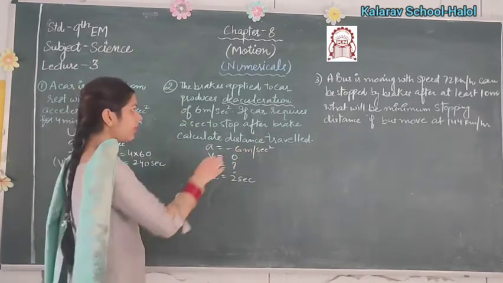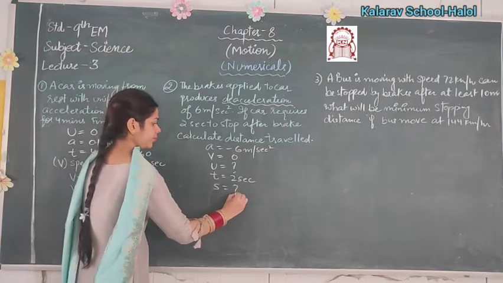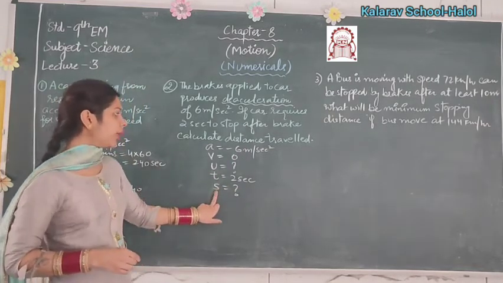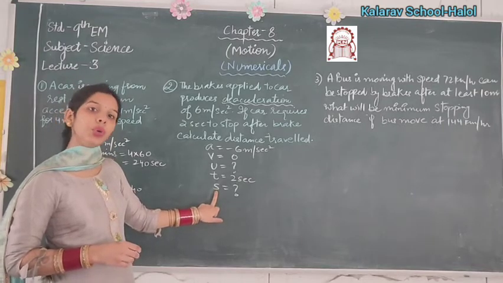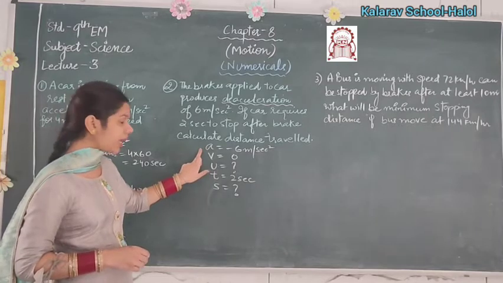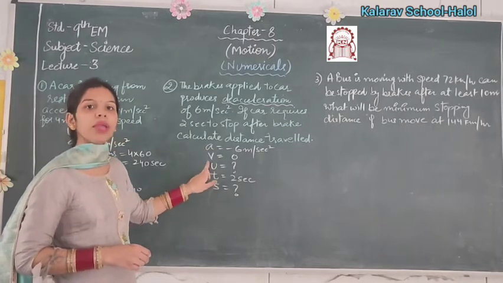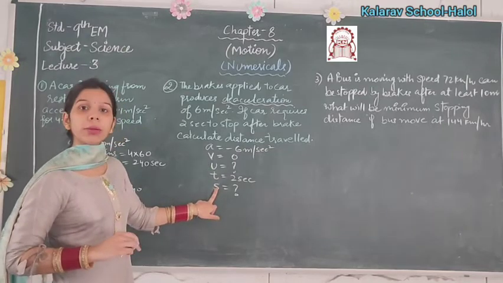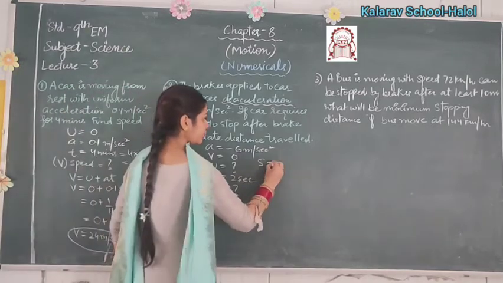Find the distance after brake. So first, for calculating s, we have to know u. S is ut plus half at square. We have a, we have t, but we have not u. Clear? So s is ut plus half at square.